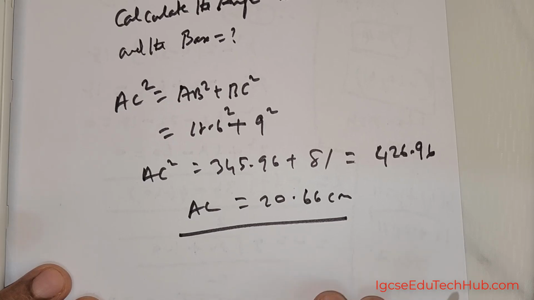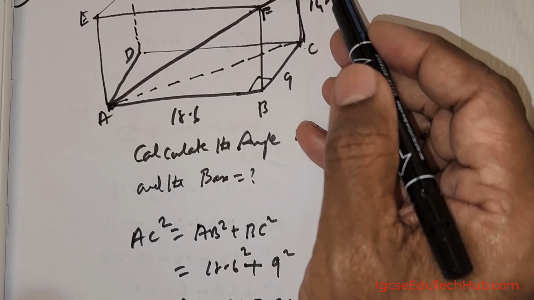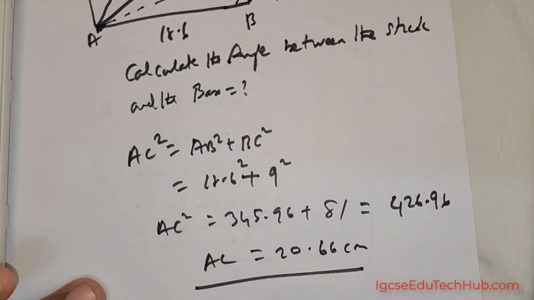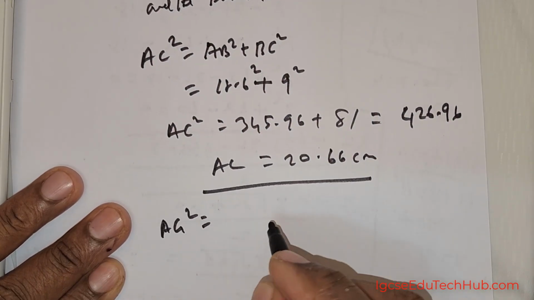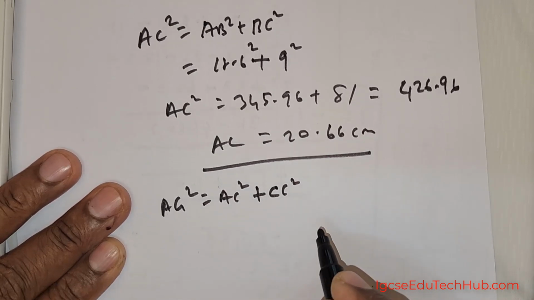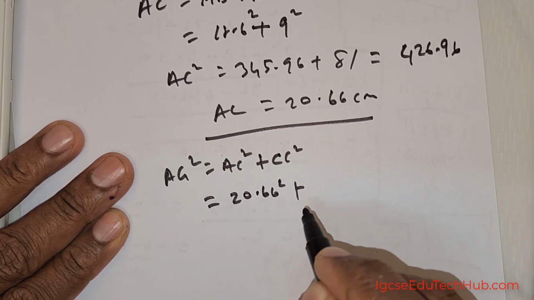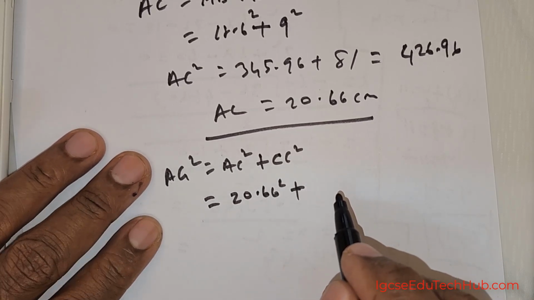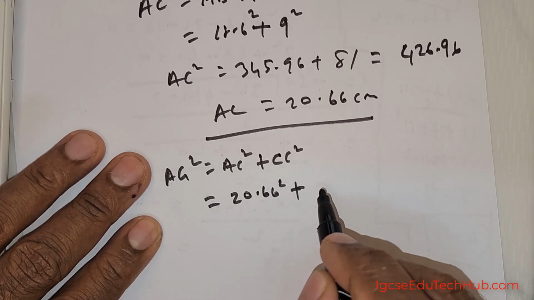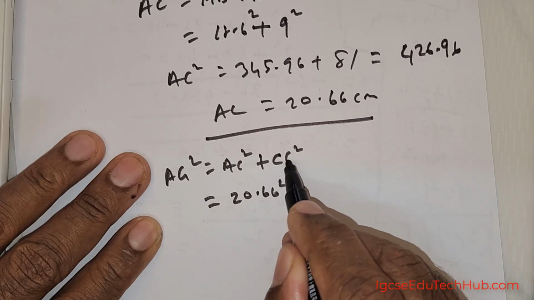Now having got AC, I need to get AG, right? That is what is required. AG is required. So AG squared is equal to AC squared plus CG squared. Now AC squared is 20.66 squared, plus CG, this is CG, right?